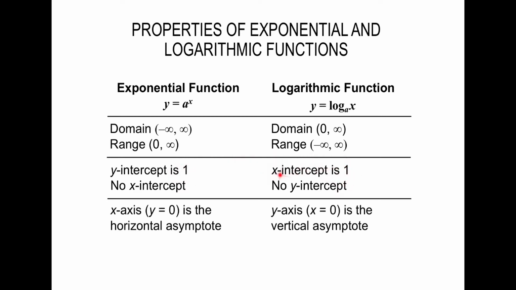Here, the x-intercept is 1. There is no x-intercept with the exponential function, because we're always above the x-axis. We're always positive, right? 0 to infinity. And for the logarithmic function, we never cross the y-axis. Here, the x-axis is the horizontal asymptote, and with the log, the y-axis is the vertical asymptote. So definite relationships there, but that's where we see that sort of inverse relationship.